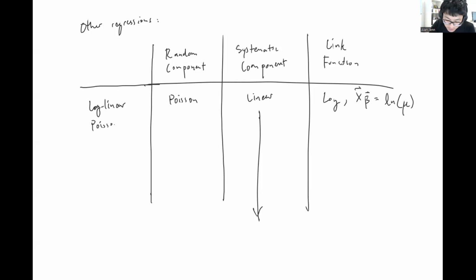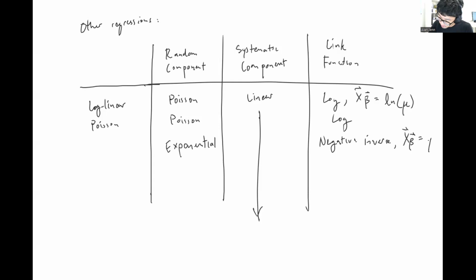There's also exponential random components, with a negative inverse link, and inverse Gaussian.